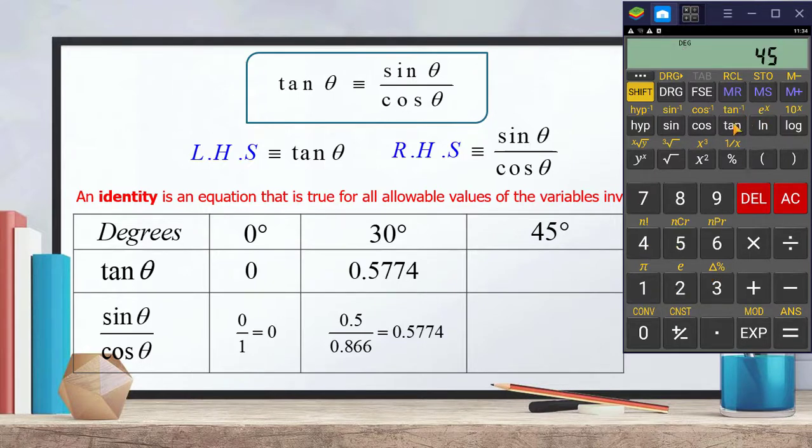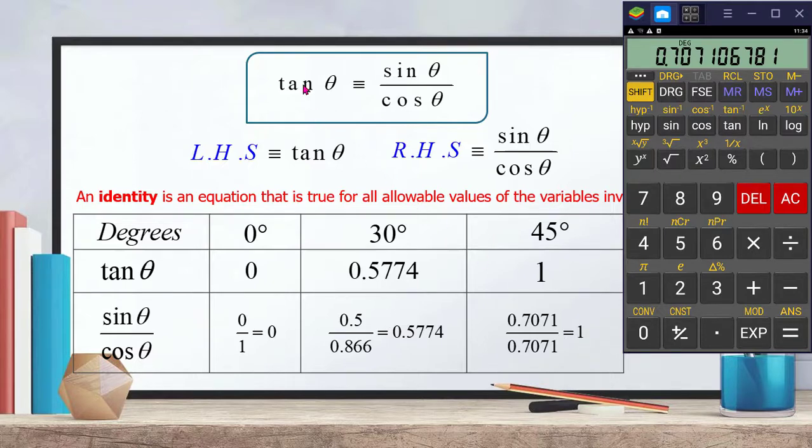Okay, now let's try the last one, 45 degrees. Tan 45 degrees is 1. What about sine 45 degrees? Sine 45 degrees is equal to 0.7071. And cosine 45 degrees is also 0.7071, which when we divide is simply going to give us 1.